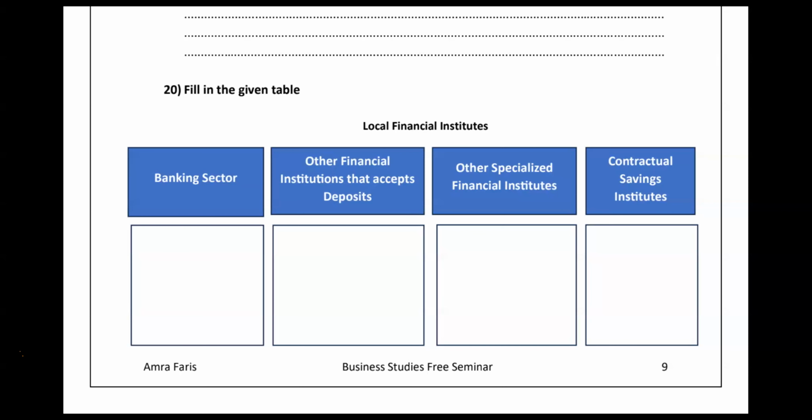Money market intermediaries, the most important one I told. These market intermediaries are the parties who are selling financial instruments on behalf of another business. For example, you can have underwriters. I think I explained this in one of the free classes, in a detailed way.